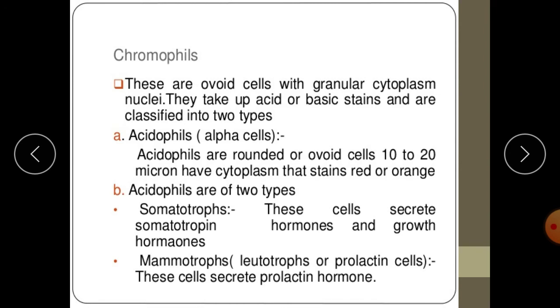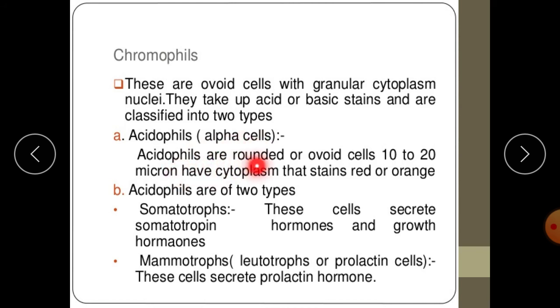Chromophils. Now let us talk about the cells present in the pituitary gland. We already discussed there are mainly two types of cells, chromophils and chromophobes. Chromophils are ovoid cells with granular cytoplasm and nuclei. They take up acid or basic stains and are classified into two types, acidophils and basophils. Acidophils are also called alpha cells.